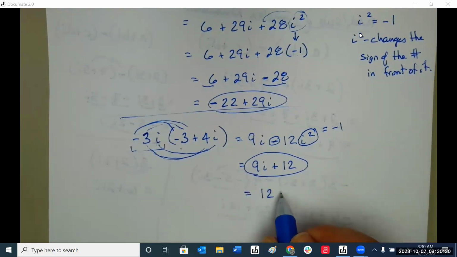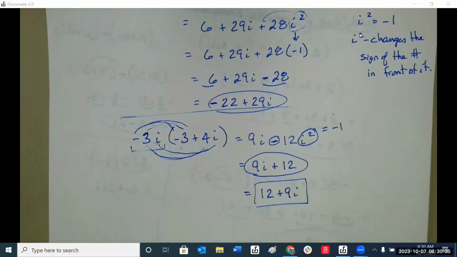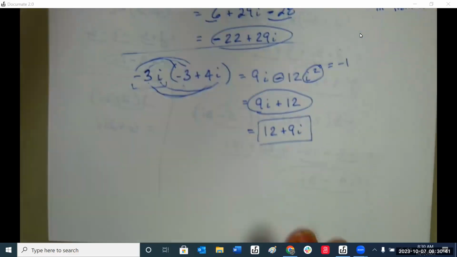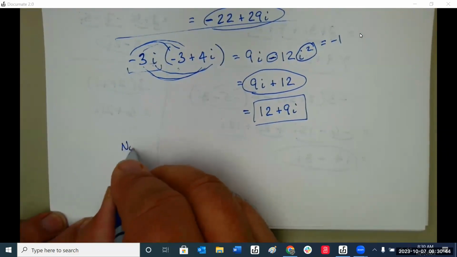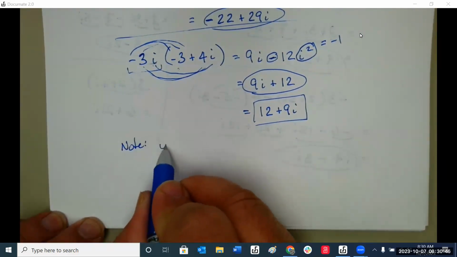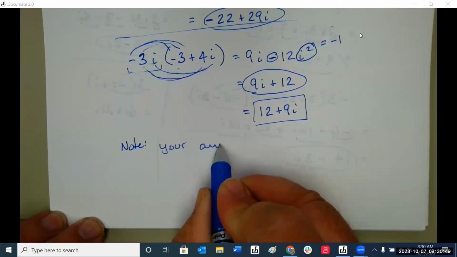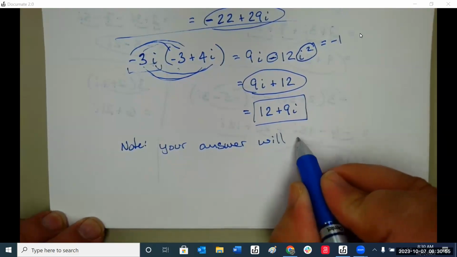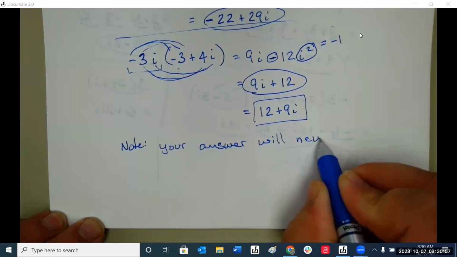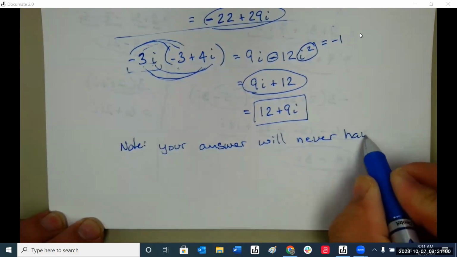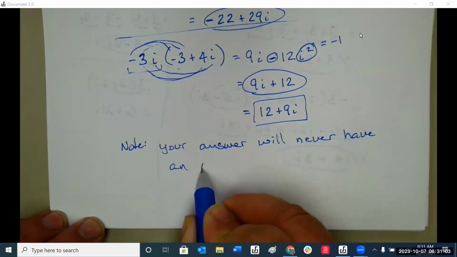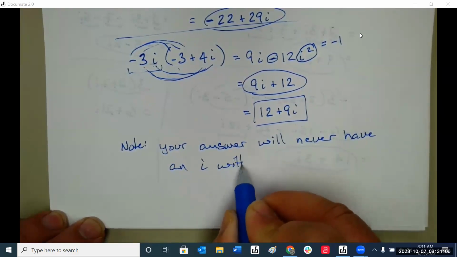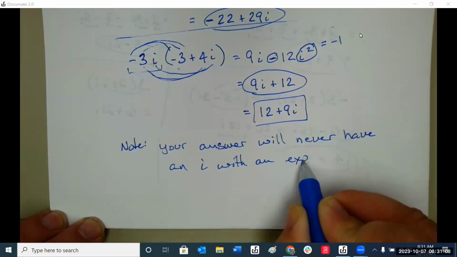Typically, we write the real number first. So they both mean the same thing. It's just that the bottom one looks more correct. Your answer will never have an i with an exponent.